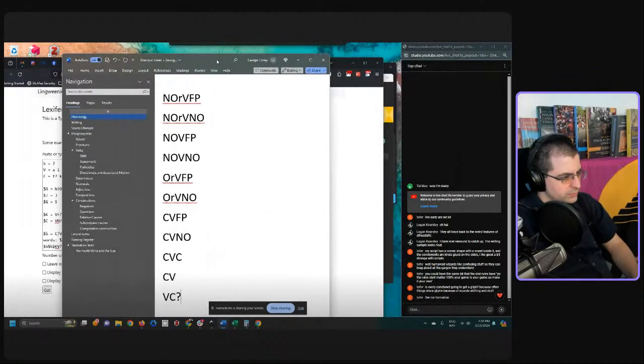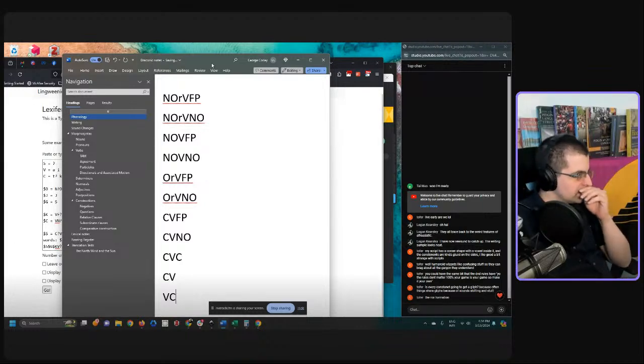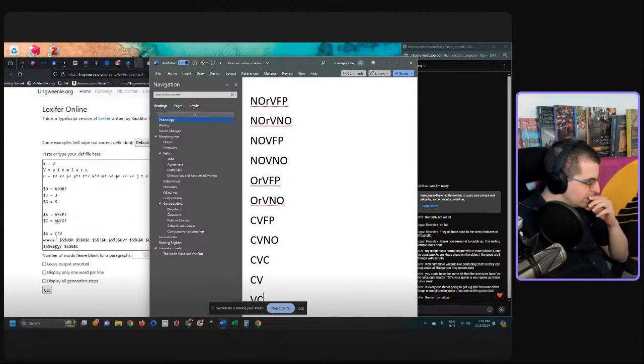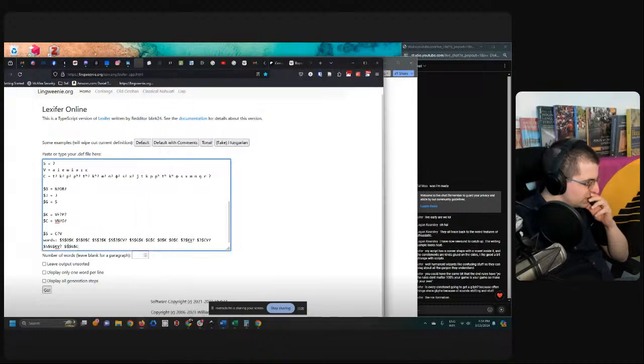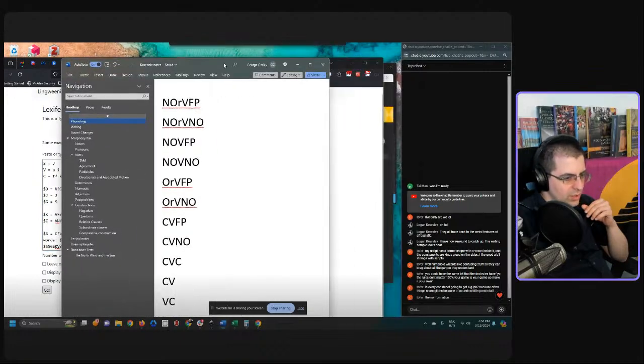So yeah, you can get a VC syllable. You can get something that ends up generating a zero. You can have like this generate a zero, and then have just a coda. Yeah.